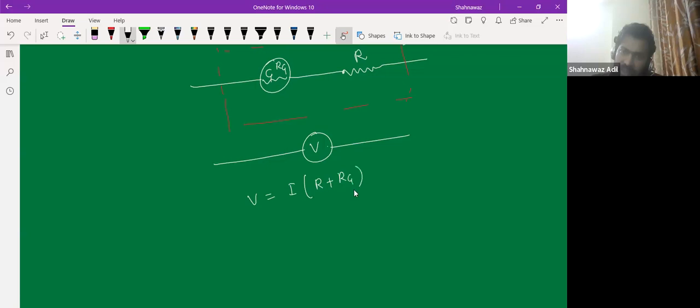So you can calculate this R, which is V by I minus RG. This is how you calculate this load resistance.